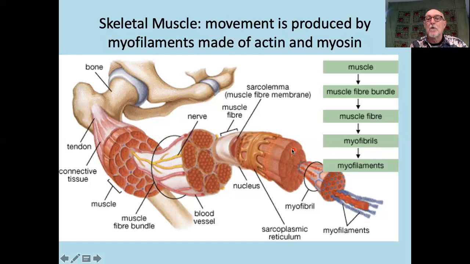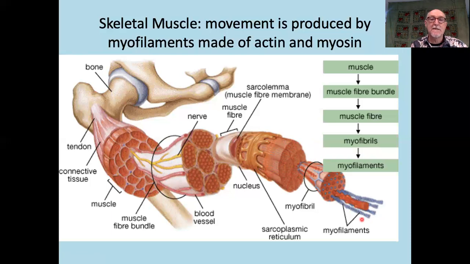Just realize what you're looking at, cut through at the end: all of these fibers that slide against one another, all of the actin fibers, etc., that are going to slide against one another to cause the muscle to contract. Those are called the myofibers. These individual ones here are called the myofibrils, and they're made up of myofilaments, actin and myosin.